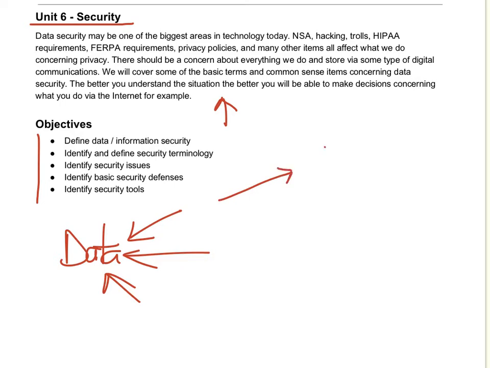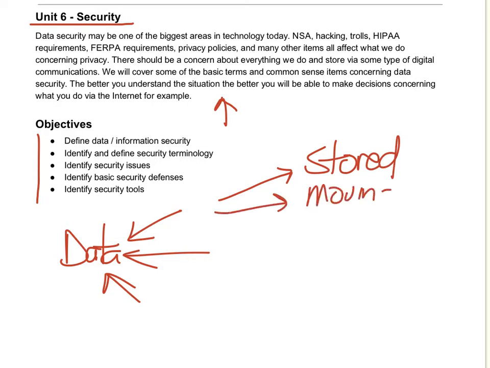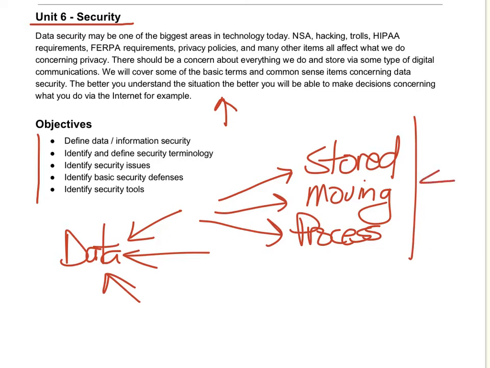So we're concerned about where it's stored, when it's moving, when it's in transit, and also when it's being processed. Some software is actually working on the data. Who has access to that? Confidentiality, right?